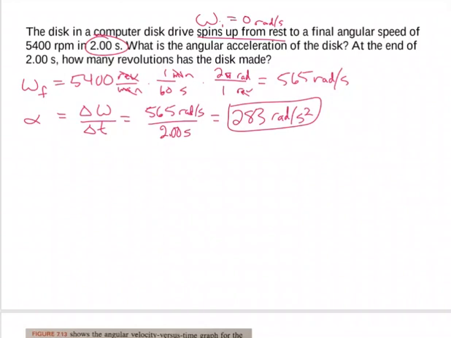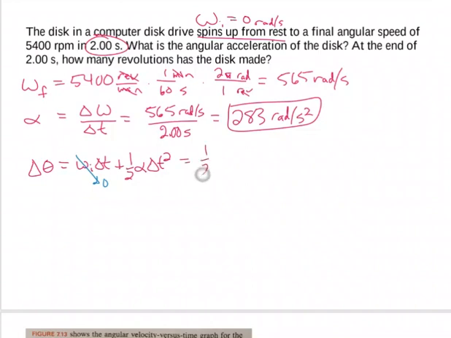Okay? And then they said, how many revolutions has the disk made? Revolutions means delta theta, so I need a delta theta equation. That will be this one: omega initial delta t plus 1/2 alpha delta t squared. I know alpha and I know delta t. Also, I know that omega initial is 0, so that term is gone and I have just the last term.